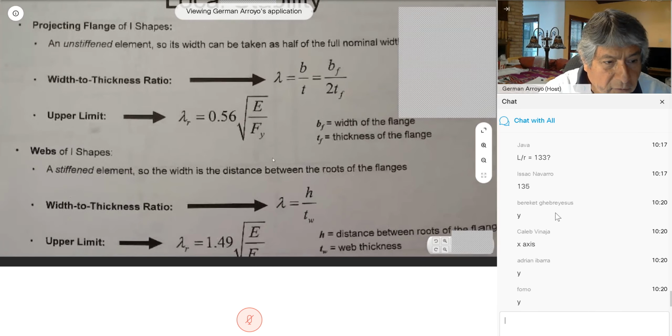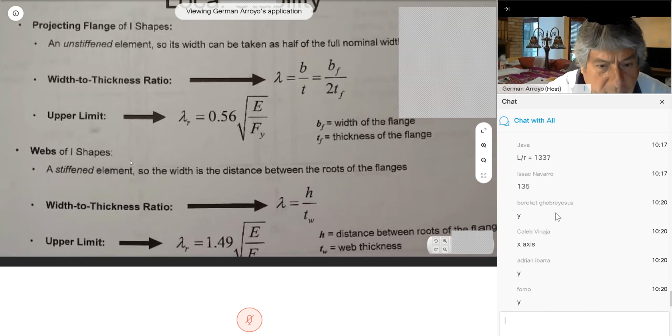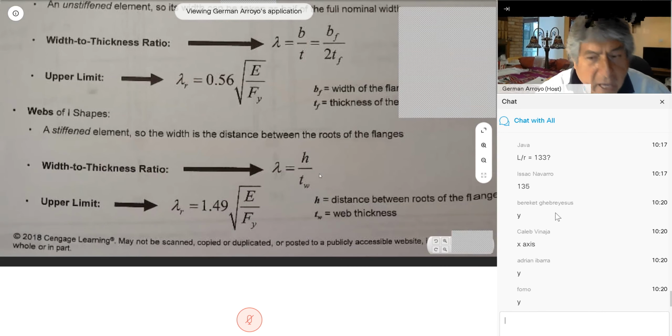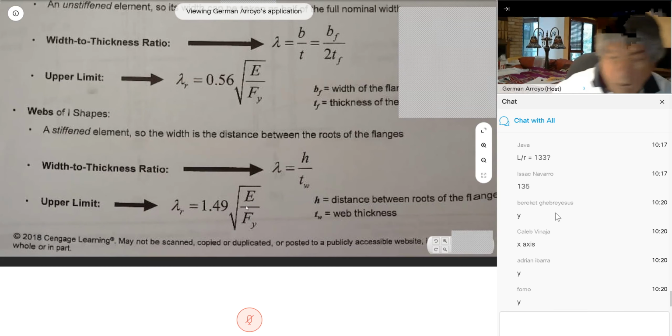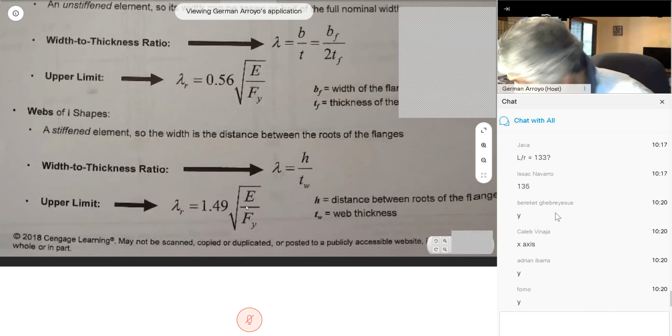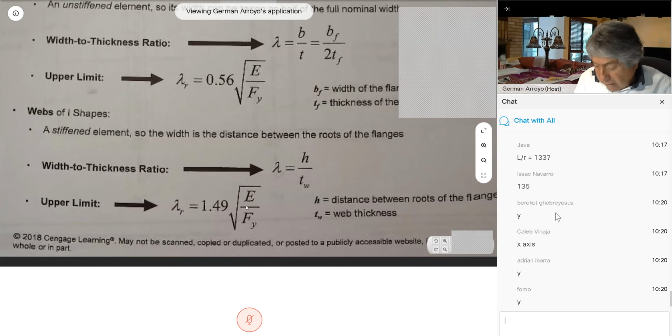And here you see the stem, and they give you h over tw, and we have to compare with that value. Otherwise, we're going to have local buckling. The code has already computed the value of b over 2 times the thickness of the flange and h over tw for you. So you don't have to compute it.